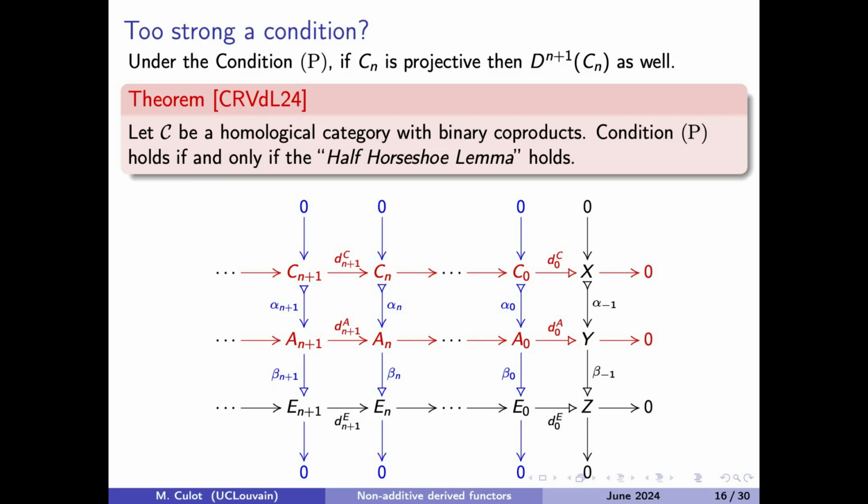But no, it is a very natural condition, in the sense that if I'm dealing with a homological category with binary coproducts, then condition P is equivalent to what we call the Horseshoe lemma, which is like an additive version of the Horseshoe lemma that you maybe should know.